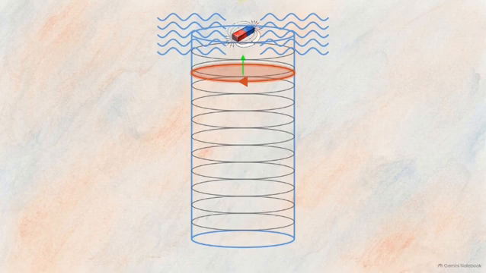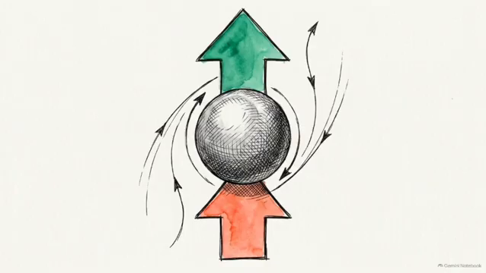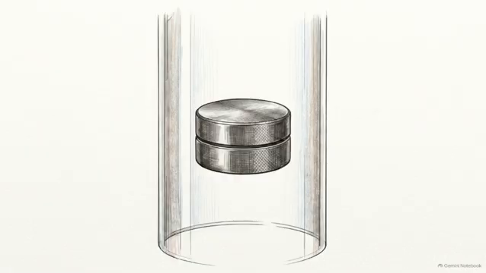Simultaneously, in the pipe wall directly above the magnet, retreating flux lines generate a different set of eddy currents. These create an attractive magnetic pole that pulls upward on the magnet as it tries to drop away. This dual macroscopic damping, pushing from below and pulling from above, forces the magnet into a terminal velocity far below 9.8 meters per second squared, defying standard gravitational expectations without ever physically touching the pipe.